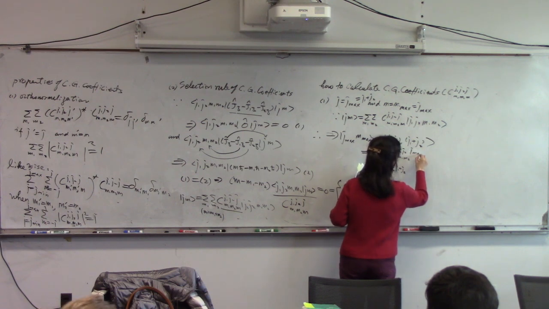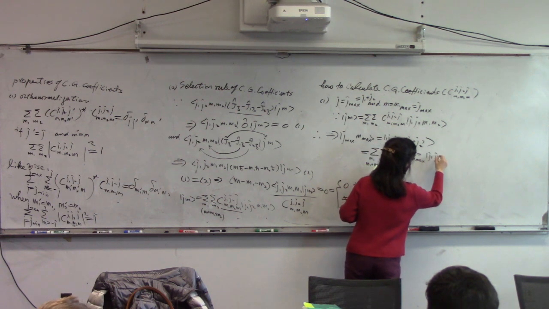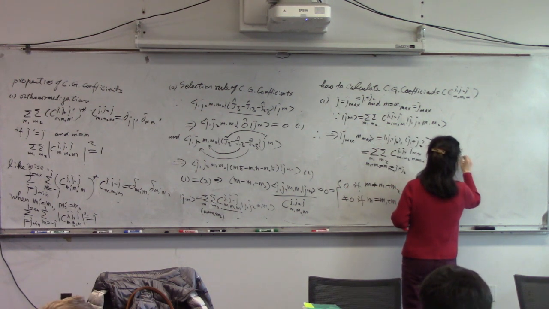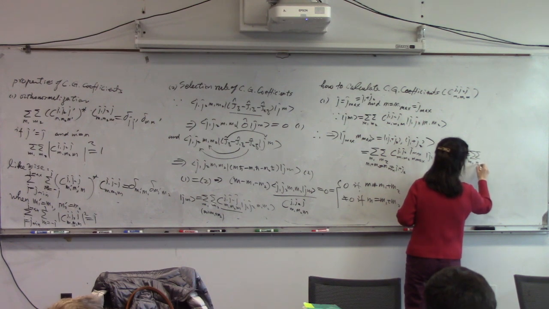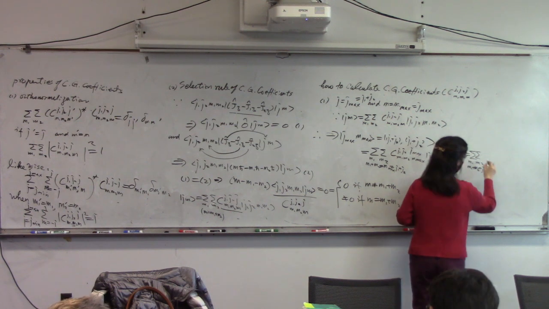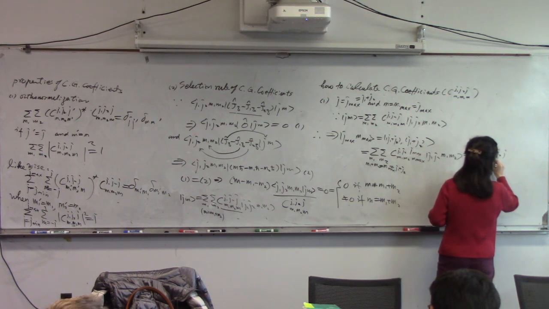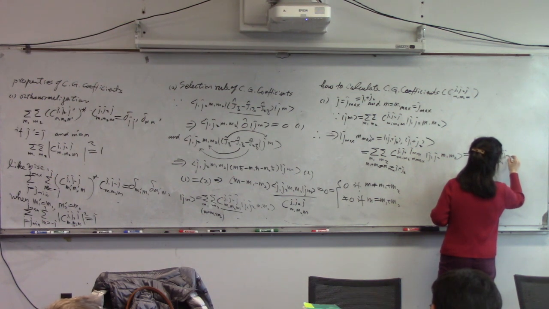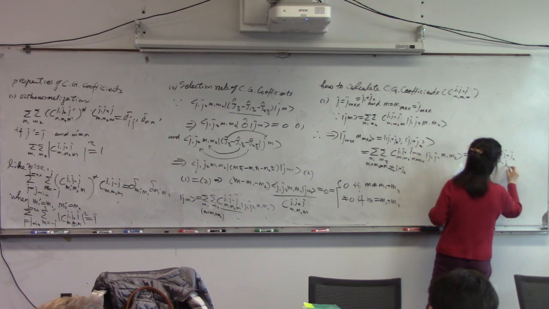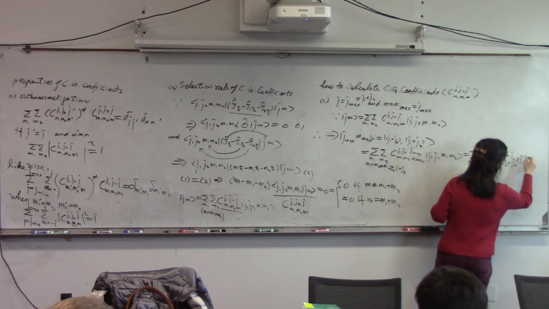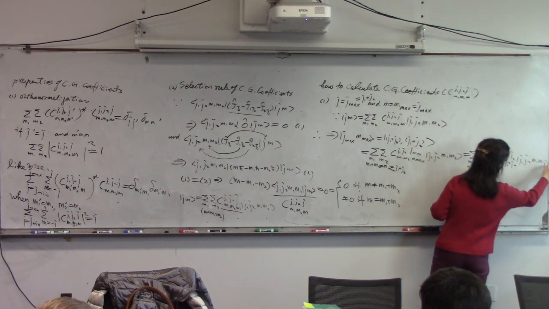J maximum, M maximum, J1, J2, M1, M2, and that's equal to the sum over M1, M2, with M1 plus M2 equal to J1 plus J2, of C J1, J2, J, M1, M2. Now J1 plus J2, right, because it's J maximum. And then M maximum is J1 plus J2.